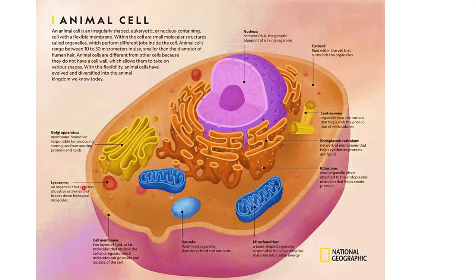Here we can see the lysosome, that contains the digestive enzymes and breaks down the biological molecules as per the requirement of the cell under the normal conditions. And this is the Golgi apparatus, that is responsible for producing, storing, and transporting the proteins and lipids as well, and also for the transportation of the proteins and other molecules.